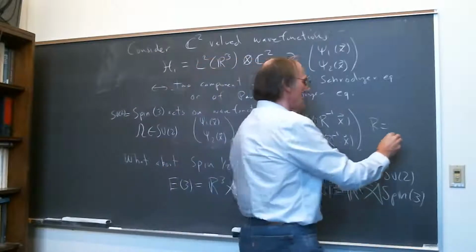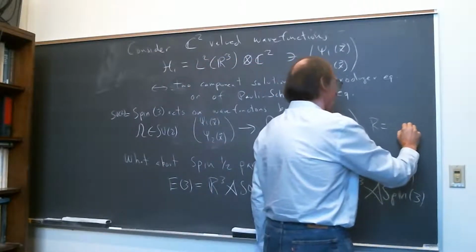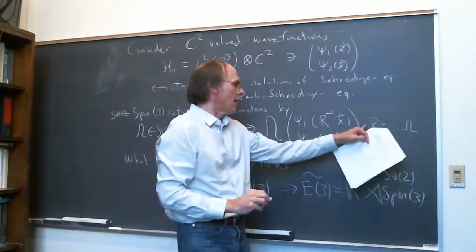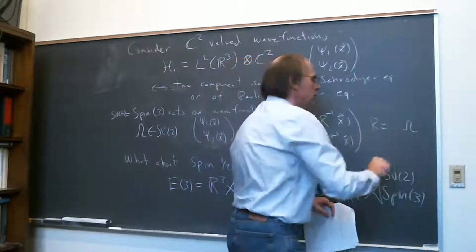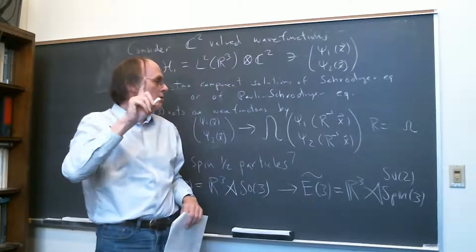So if you act by omega, what's the right way to say it? How does the map go? It goes from SO3 to SO2.